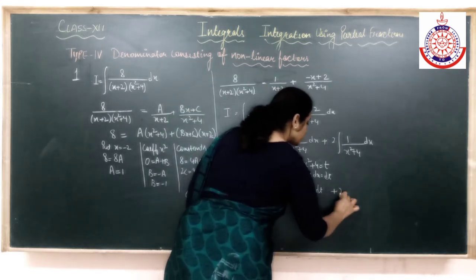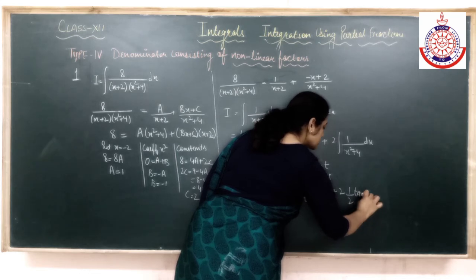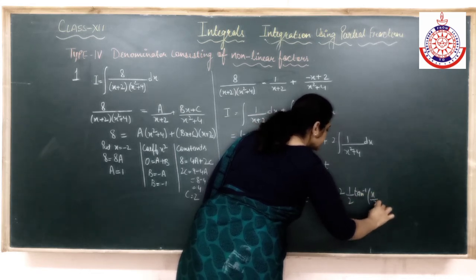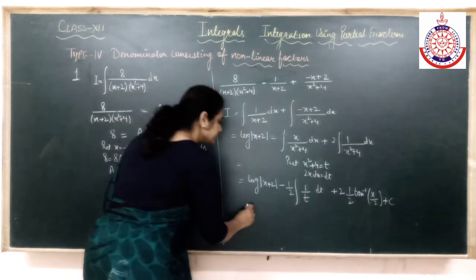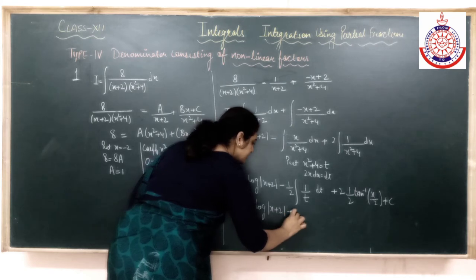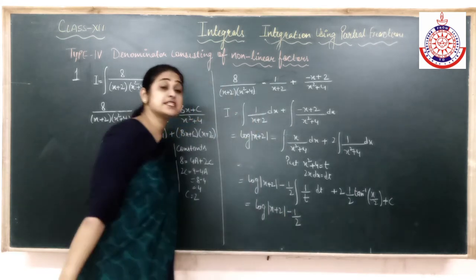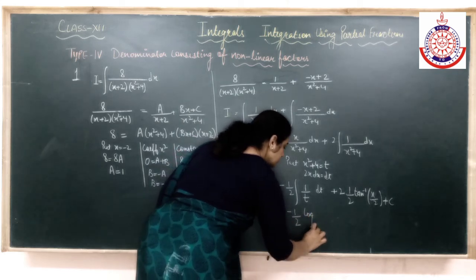And what is the integration of this? This is 1 by a tan inverse x by a. C you can write all together once. Alright. And what is the integration of 1 by t? What is the integration of 1 by t? Integration of 1 by t is log t.